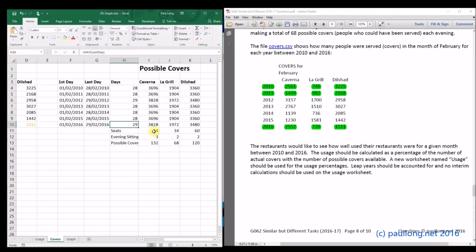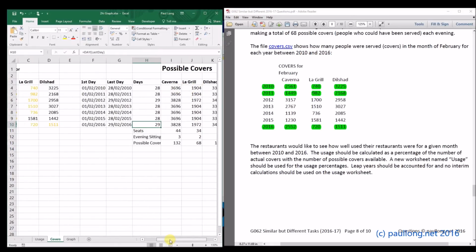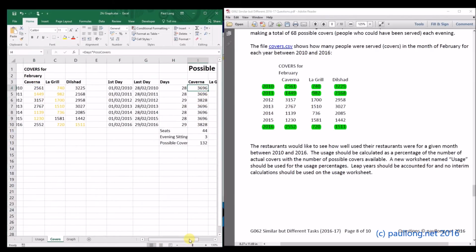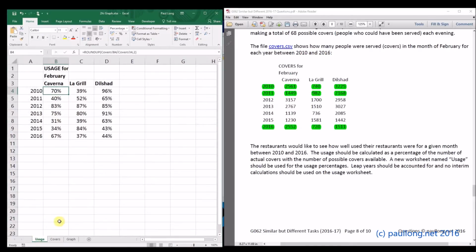It takes the possible covers, multiplies it by the number of days, and that tells us how many possible covers they could have in a month. And then what we do is divide the actual covers, so 2561 by, in this case, 3696, to find a percentage, and this is the percentage usage that each restaurant has had during those years.